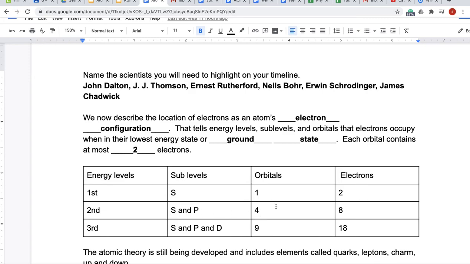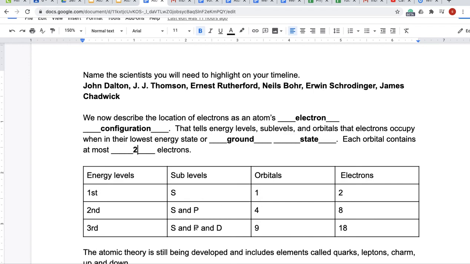So you have 1, 2, 3, 4 orbitals, and because you can have 2 electrons in each orbital, you have 8 total electrons.